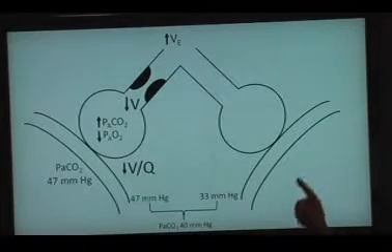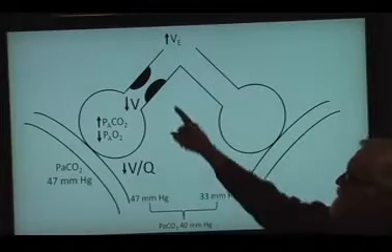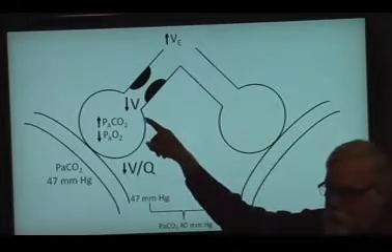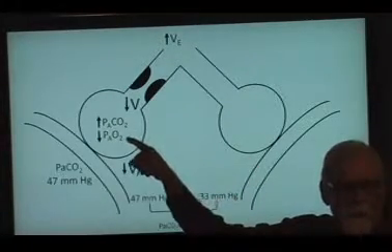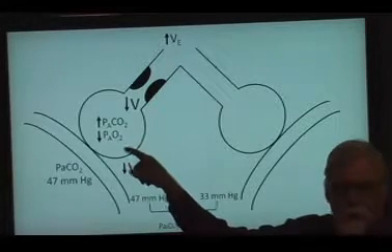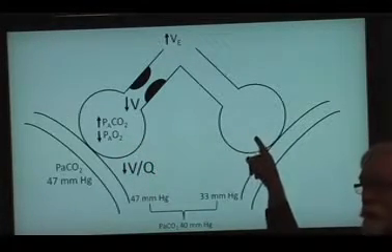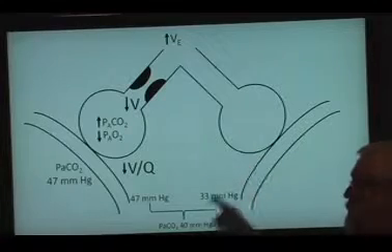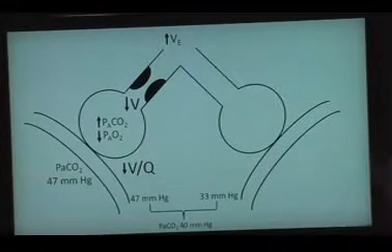So we typically do not see hypercapnia as a result of ventilation perfusion mismatch, because usually what patients will do is increase their ventilation in response to normalize the PCO2.